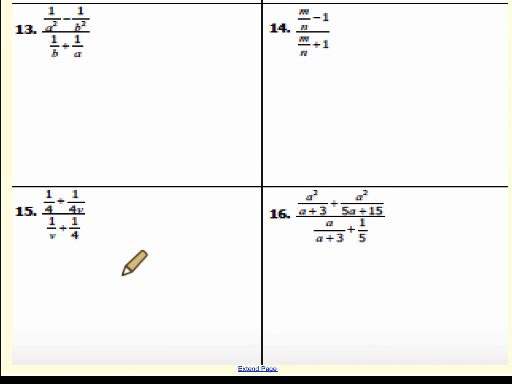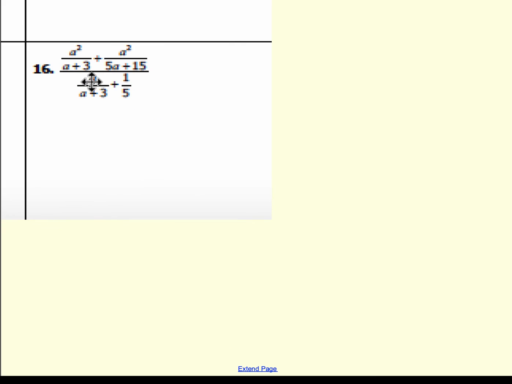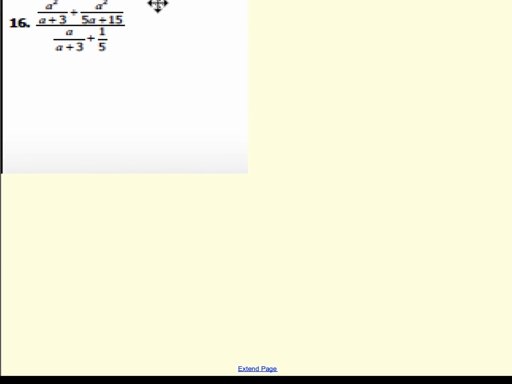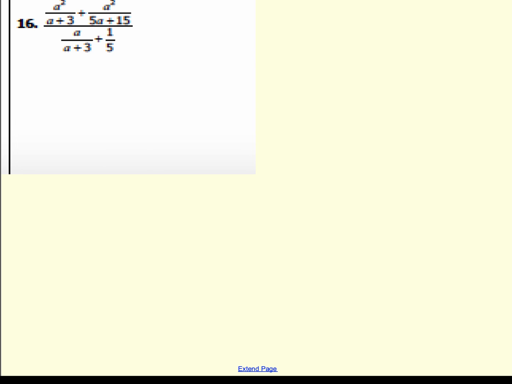Okay, so let's do the last one, number 16. Again, we're going to first add and subtract the terms in the numerator and denominator, and then we're going to do the division.